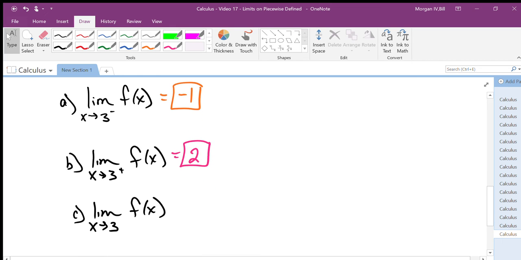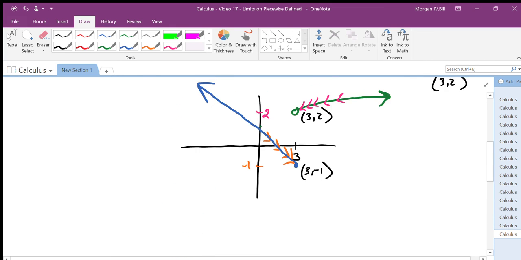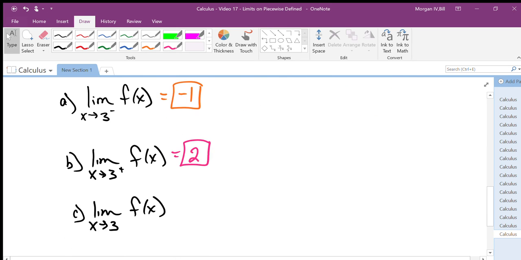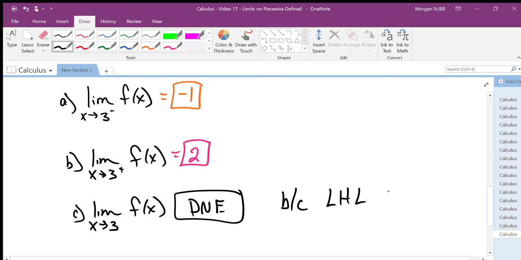The limit as x goes to 3 of the function, we see that at 3 there's a jump, right? The left-hand limit and the right-hand limit are not going to the same thing. Therefore, the overall limit does not exist, because the left-hand limit does not equal the right-hand limit.